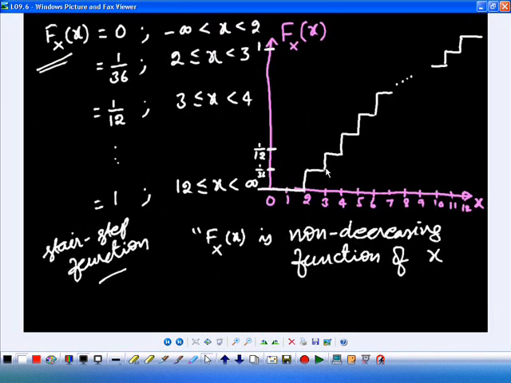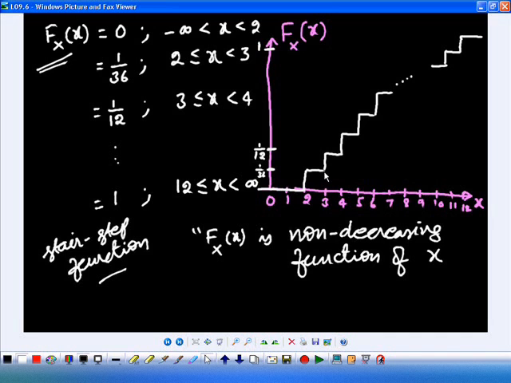Take for example the value at 3, Fx of 3, and that will be equivalent to Fx of 3 plus some epsilon, because it is continuous from right.